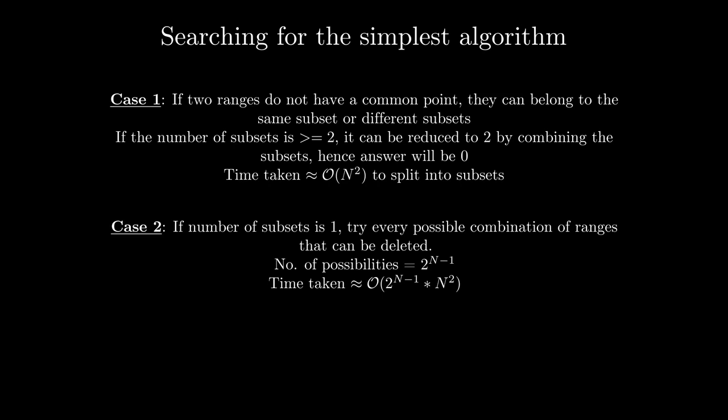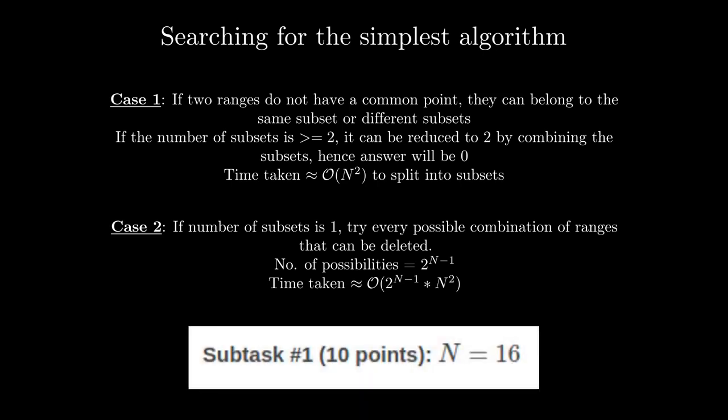A good rule of thumb to follow is that a CPU can run approximately 10 to the power of 7 operations per second. According to the first subtask, n is equal to 16. For every combination of ranges, we will have to check whether the remaining set after deletion can be split into two non-empty subsets. This check takes approximately n square operations.